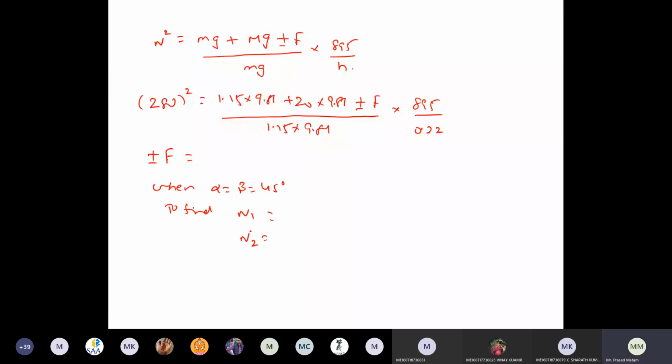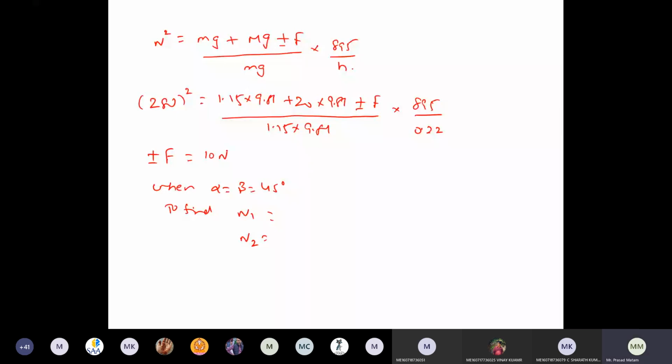What is the answer we got? One has given a wrong answer. Roll number 6 has given 9.98 newtons. Yes, that is correct. Let us make it as 10 newtons. Okay.